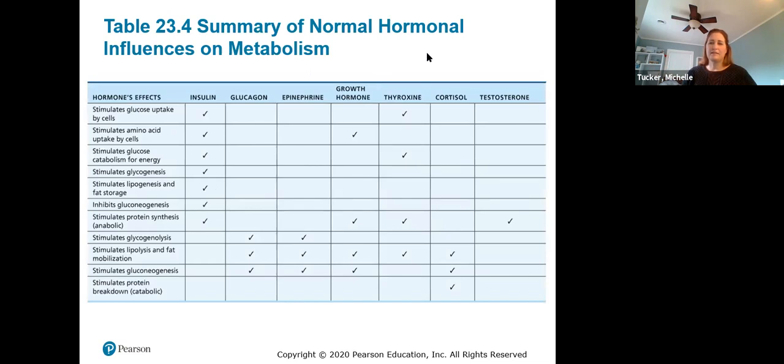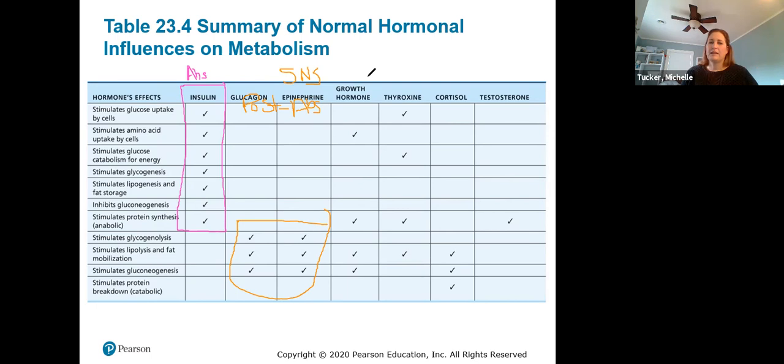This is a table that summarizes all of this. Insulin is going to be your primary hormone in the absorptive state. Glucagon and epinephrine, which is part of the sympathetic nervous system response, are going to be the post-absorptive hormone and nervous control.